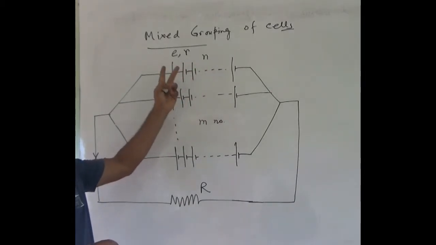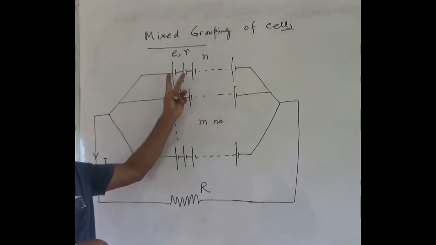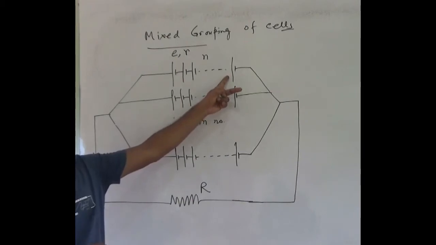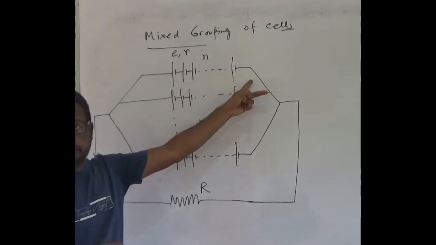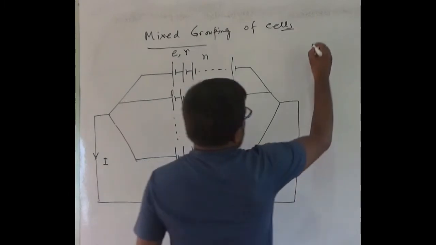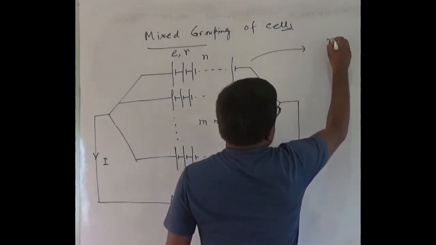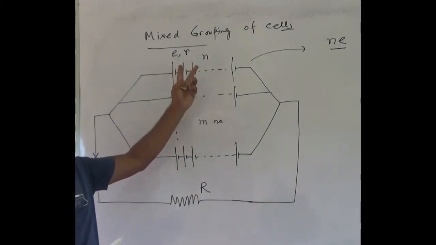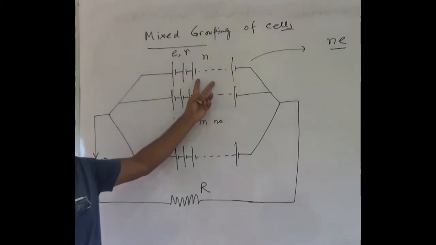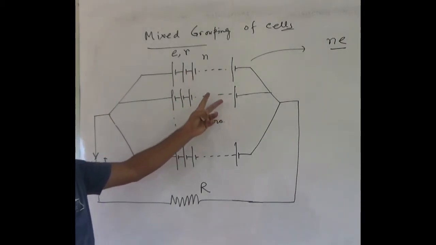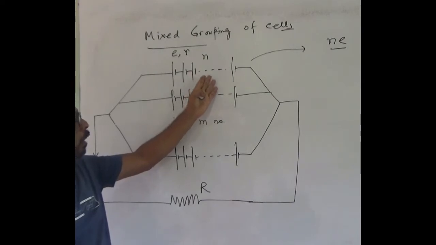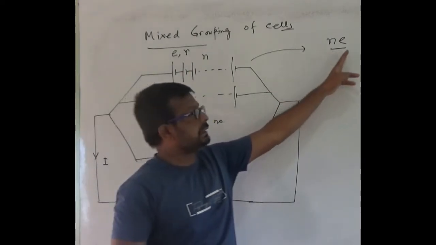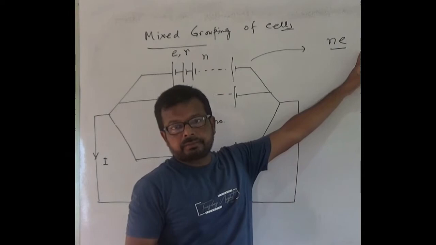Now, since n number of cells are connected in series, the total EMF of n cells in a row is ne. That is the total EMF of each row is ne, right?